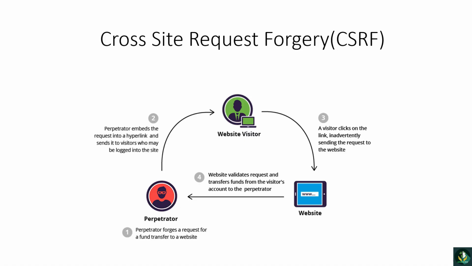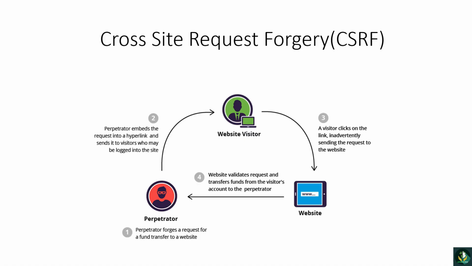CSRF is a common form of attack and has ranked several times in the OWASP Top 10, the Open Web Application Security Project. The OWASP Top 10 represents a broad consensus about the most critical security risks to web applications.